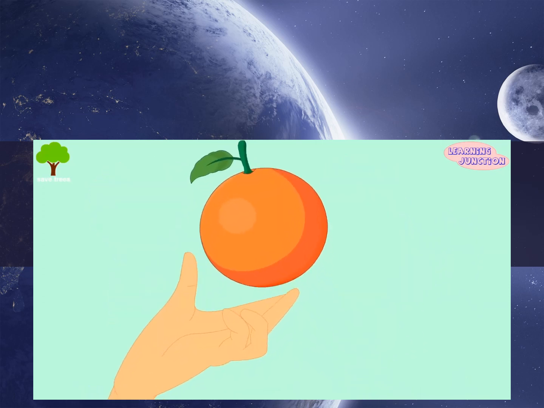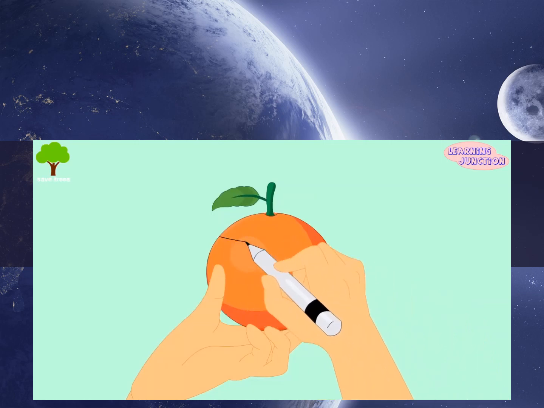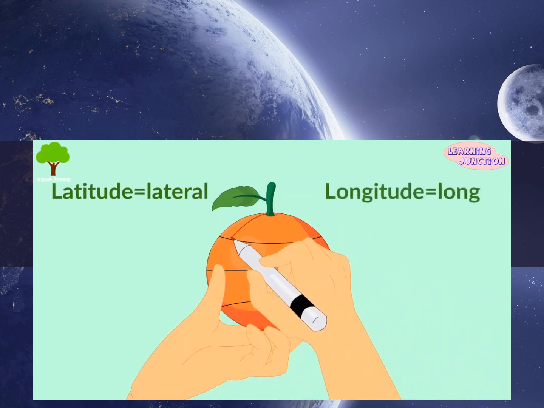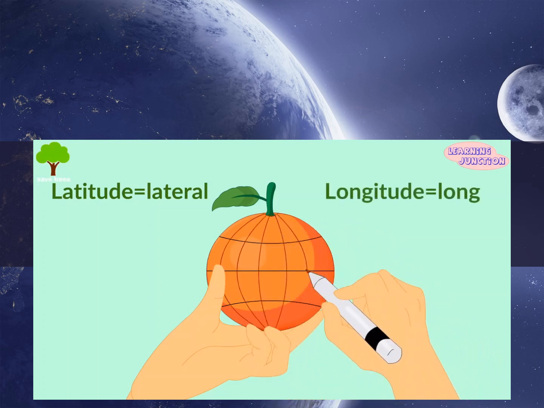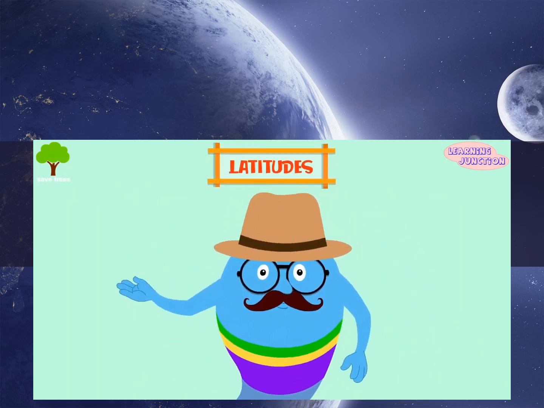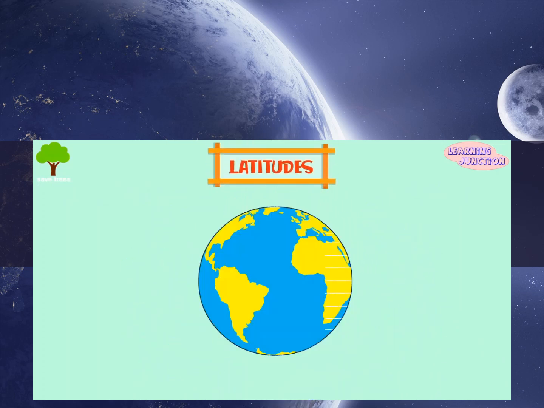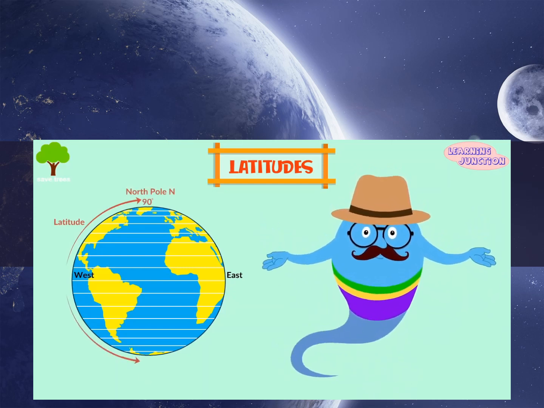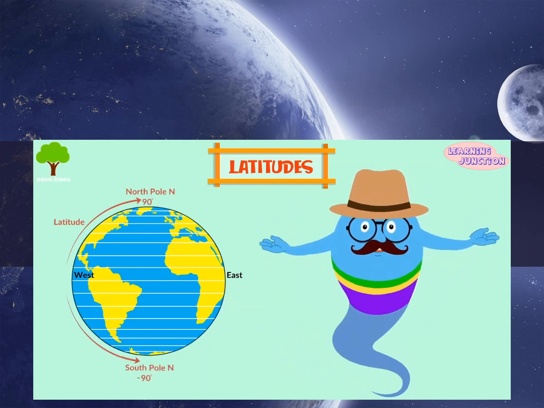An easy way to remember the orientation is that latitudes are lateral, and longitudes are long. Let's learn about them one by one. At first, latitudes. Latitude lines circle the globe in an east-west direction. They measure how far north or south a specific point lies from the equator.